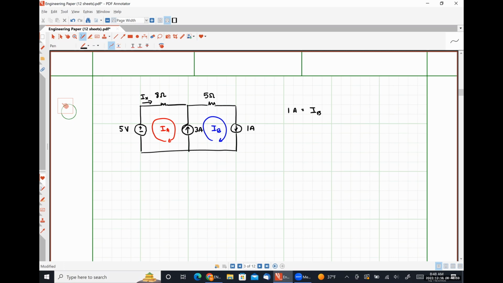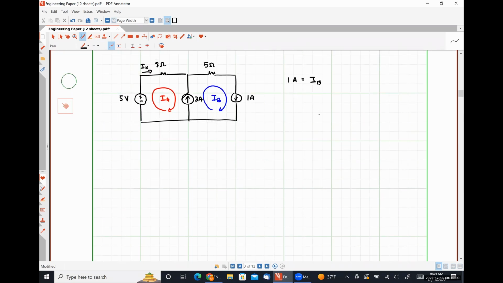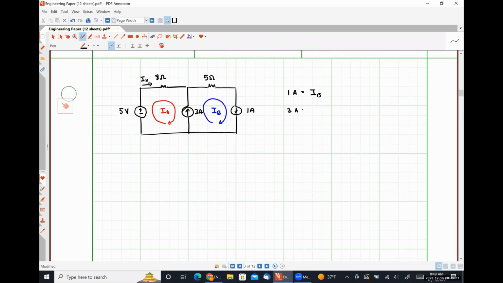So I'm just trying to be consistent with how I would normally do it. What's my other equation going to be? So 3 amps will be equal to IB minus IA.